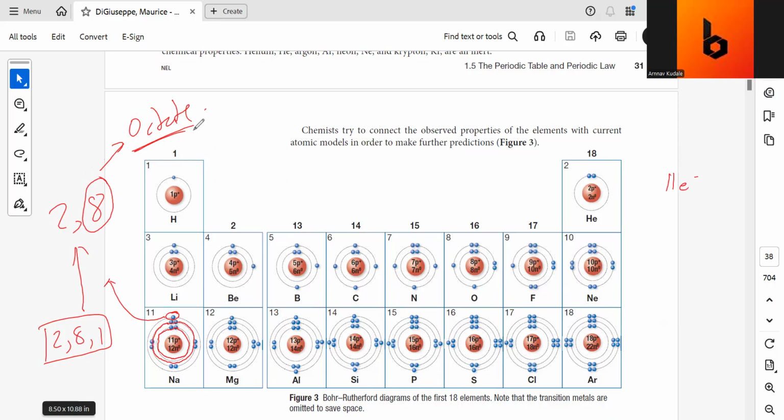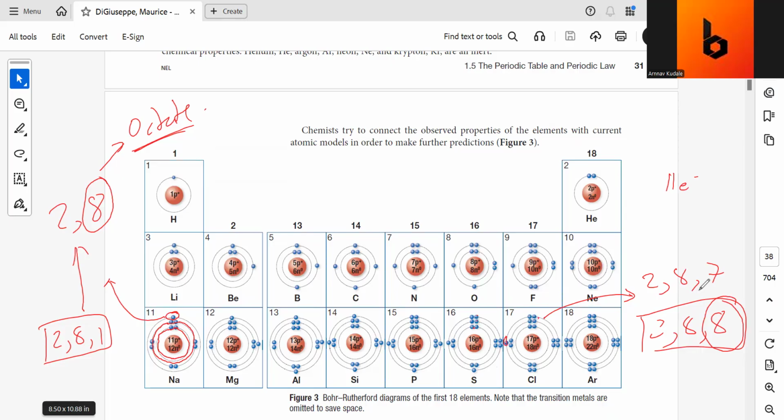You might have heard that chlorine accepts one electron. So it is 2, 8, 7, and only one electron is unpaired. If we add one electron, it becomes 2, 8, 8. Because it is gaining that magic number 8, the octet rule, it is becoming stable.